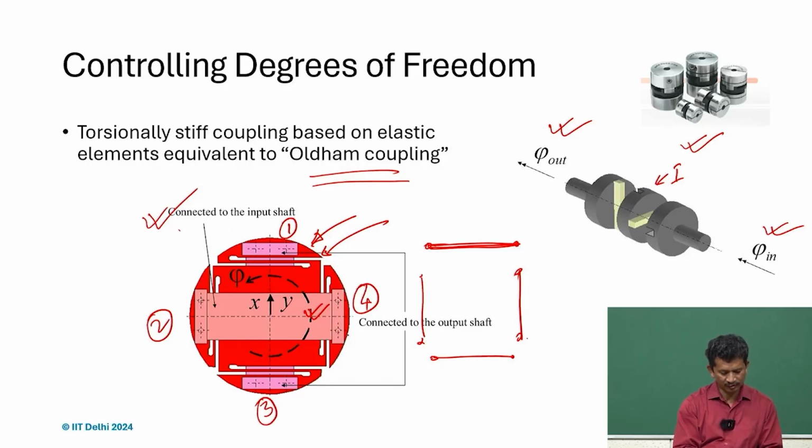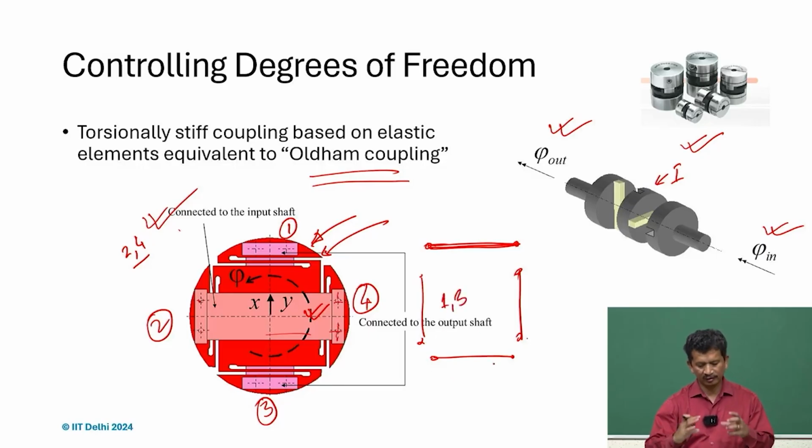Suppose this little pinkish one is the input shaft, it is connected to 2 and 4. You can see it's bolted here, and then 1 and 3, they are connected from the other side. So you turn, this will also get turned.